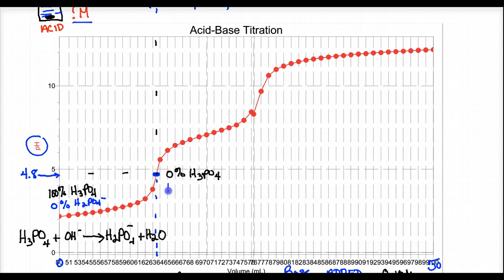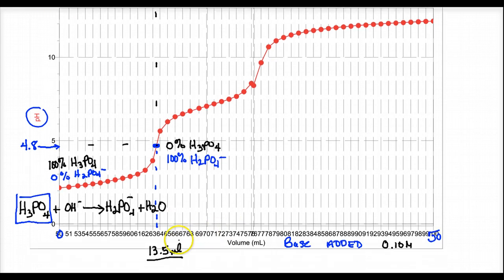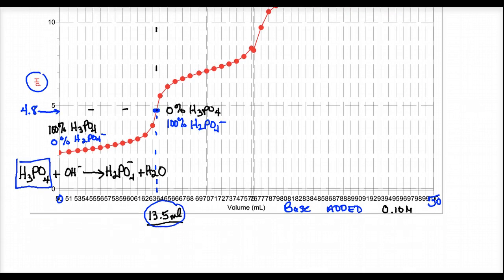And at this point, we have 100% H2PO4 negative, right? Because as we go from this point to the equivalence point, we're driving this weak acid off. We're going to pull off one H. So this is the total volume it takes, from 13.5 milliliters from the 0 mark. That's how long it takes to neutralize.